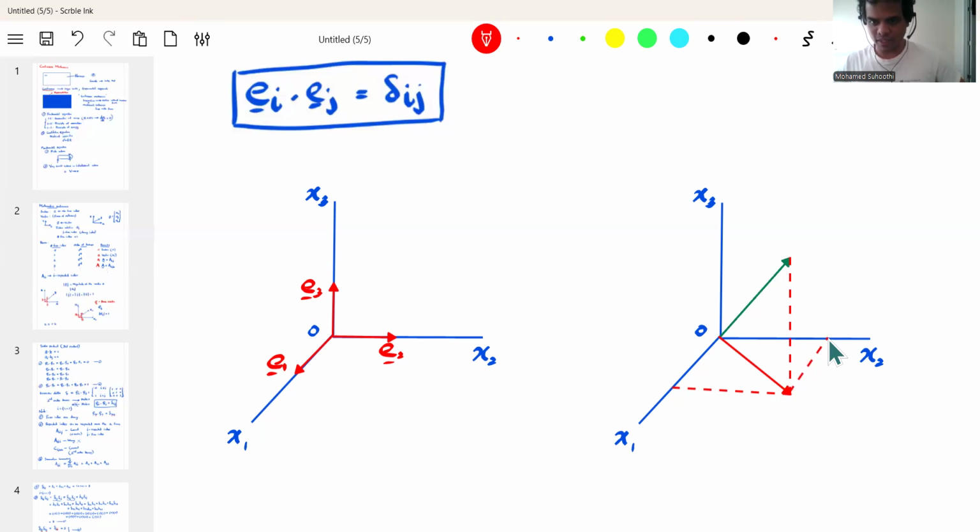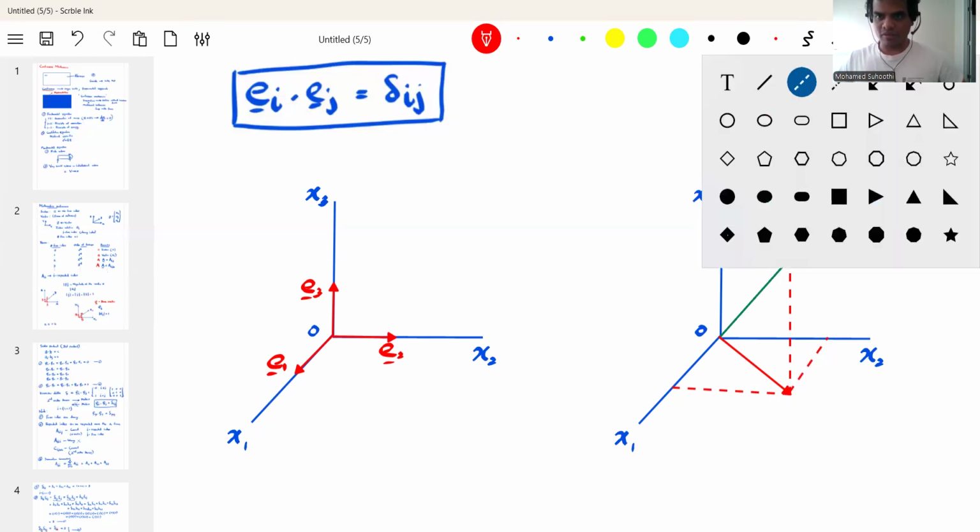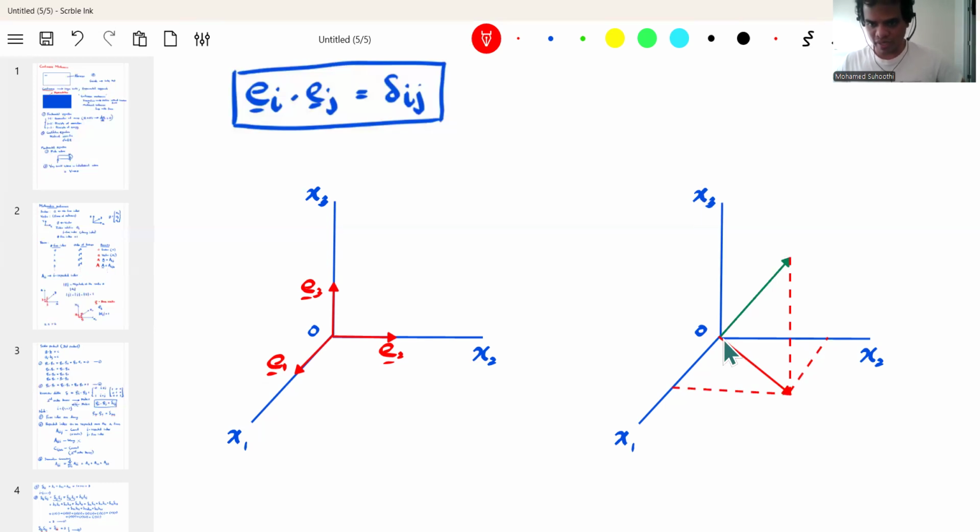Now this vector has one component along the x2 axis. Then similarly, you will have the component along the x3 axis. Now you have to imagine this one.